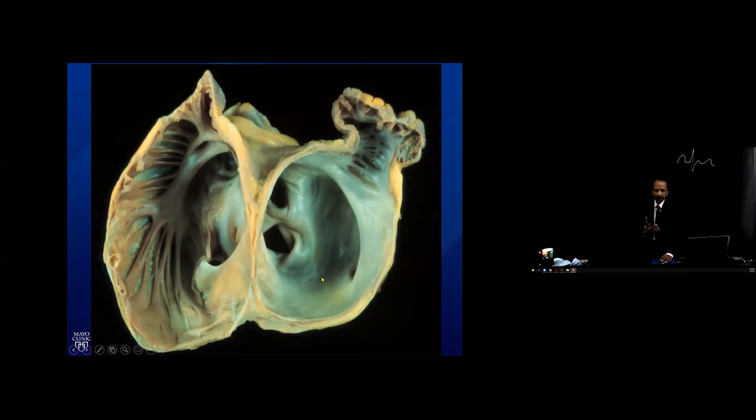Another useful way to think about this region is in the LAO projection. In the LAO projection, you'll notice the interatrial septum is actually a very small structure where it's truly a septum. You poke on one side and you're out to the other. Everywhere up anterior, as we go up towards the head anteriorly and superiorly, there is no septum. It's a separation of the right and left atrium with pericardial space and tissue in between.